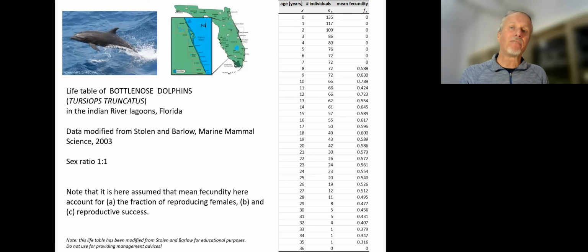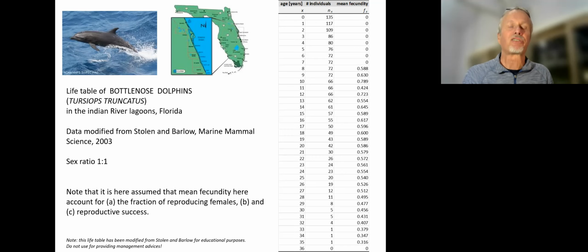Now, let's have a look again at a hypothetical case, which is inspired by the demographic parameters and life table presented by Sterling and Borrow in a paper published in 2003 in Marine Mammal Science. It's demographic information relative to the life table of bottlenose dolphin, Tursiops truncatus, in the Indian River Lagoon in Florida.